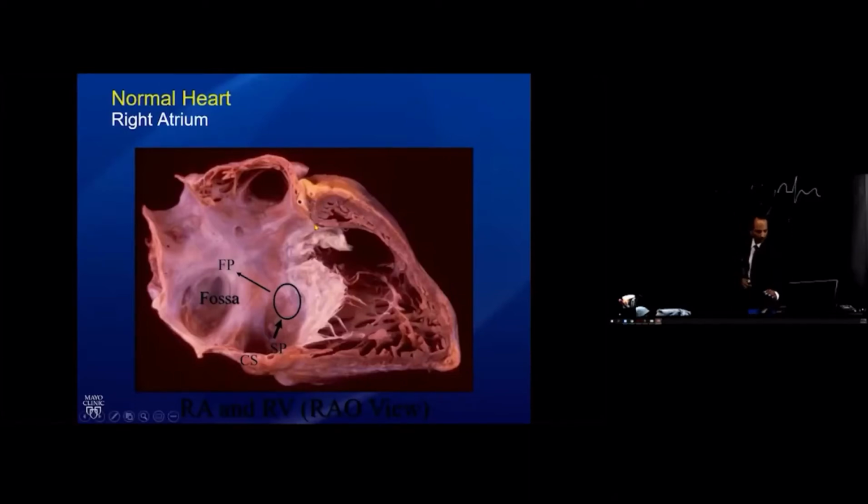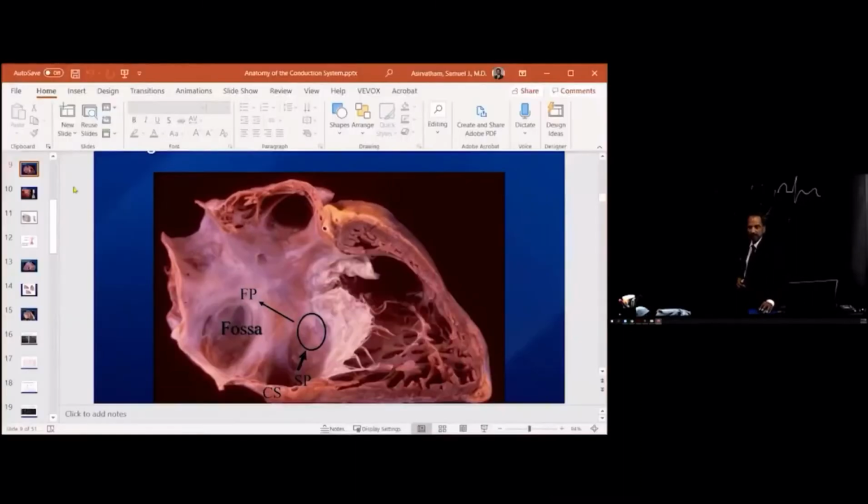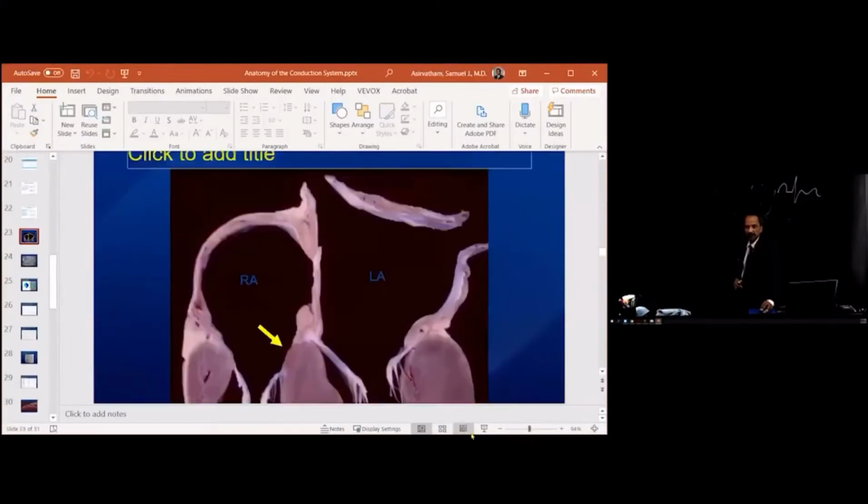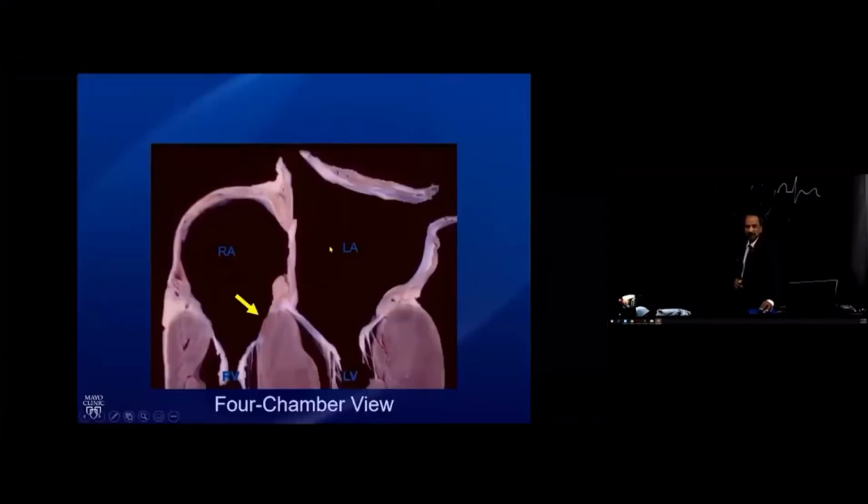Now, the third scenario is inadvertent injury because of ventricular tachycardia ablation. The way that can happen is if we're ablating in the left ventricle, we already have understood that the compact AV node is atrial to the tricuspid valve.